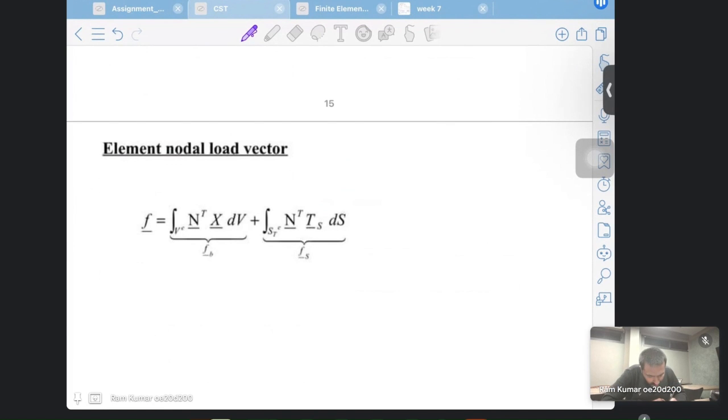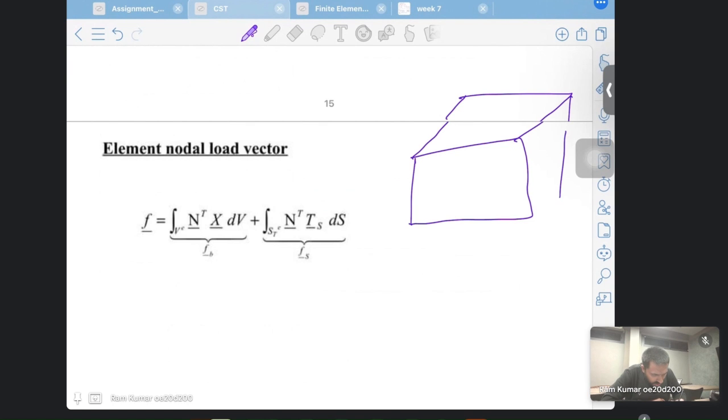Like we are having one body. So this is a 3D body. This is body force per unit volume.